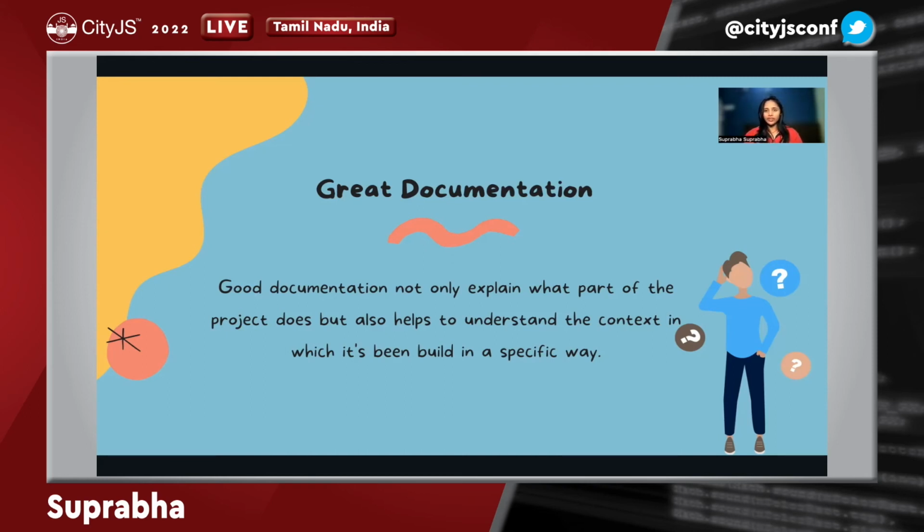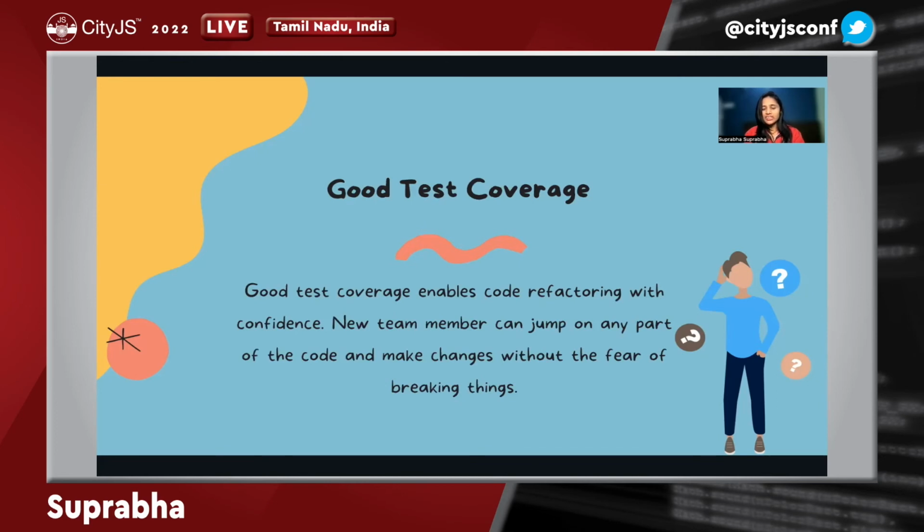Try to keep your README file updated as well, because instead of asking a dev every time, I have seen people who, even though you have updated the README, still come and ask how to work on it and what the setup is. But you can share that they can look into the README and, if they have any question, reach out to us. The README will definitely save you a lot of time. Good test coverage and testing are really important.